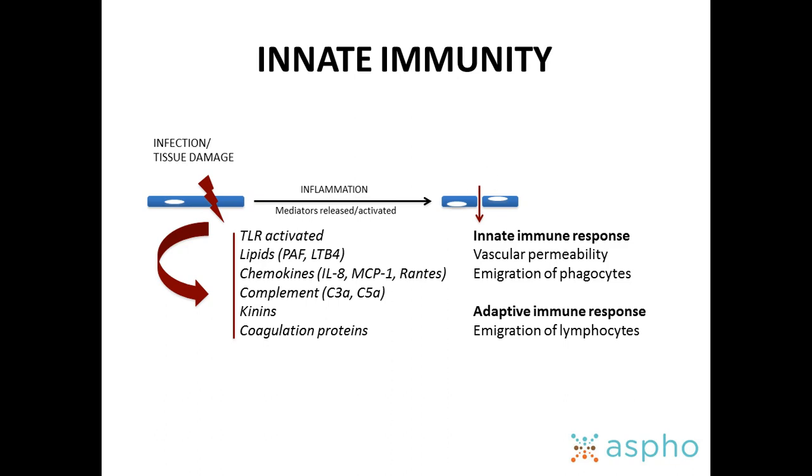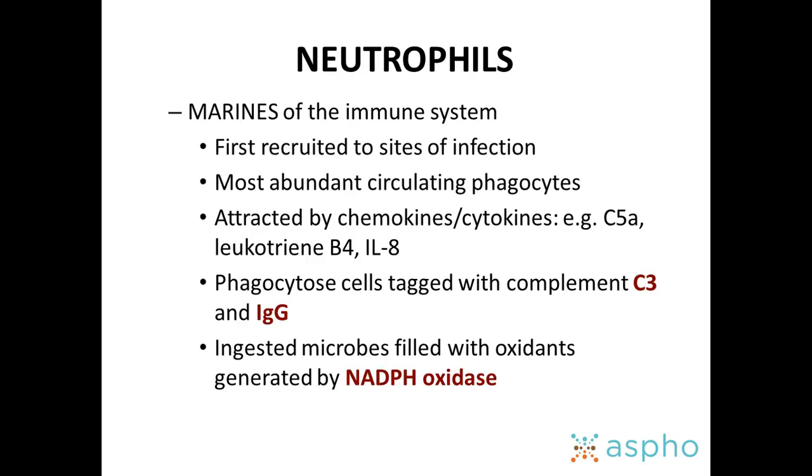It's a way to dispatch your first responders to sites where there's tissue damage or some kind of early danger signal. Then, once they start doing their thing, eventually the adaptive immune responses come to finish the job. So I like to think of neutrophils as the Marines of the immune system. They're the first responders. They get recruited to the sites.